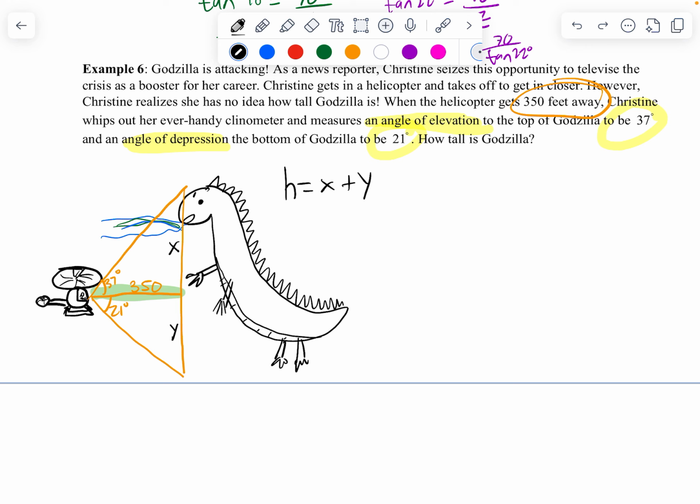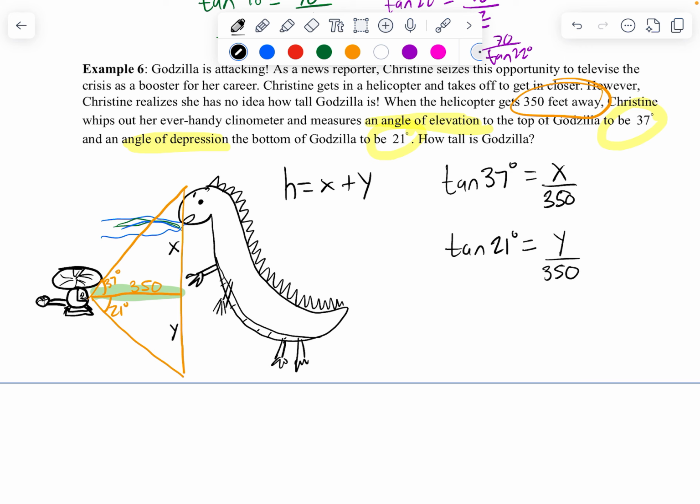So this is another setup for tangents. The first one we have is tangent of 37 degrees equals opposite x over adjacent 350. And then our other one will be the tangent of 21 degrees equals opposite side y over adjacent 350.